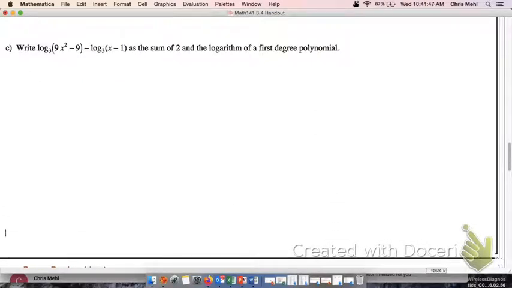Okay, so I have a difference of 2 logarithms. I'm supposed to write it as the sum of 2 and a logarithm of a first degree polynomial. Remember, a first degree polynomial is just another way to say a linear function.